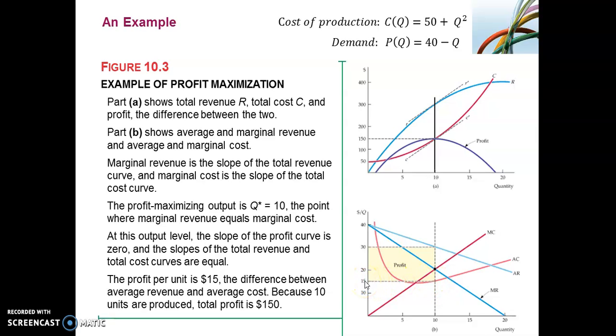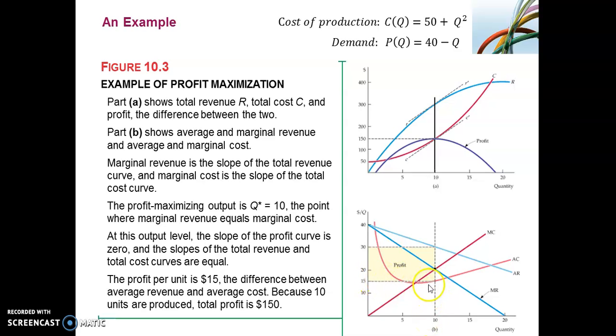We have a difference between average revenue per unit and average cost per unit of 15, 30 minus 15, and that represents your profit per unit of output. So if you want to work out your total profit, you would take this 15 multiplied by your total output that is produced, which is 10. So 15 times 10 is going to give you 150.